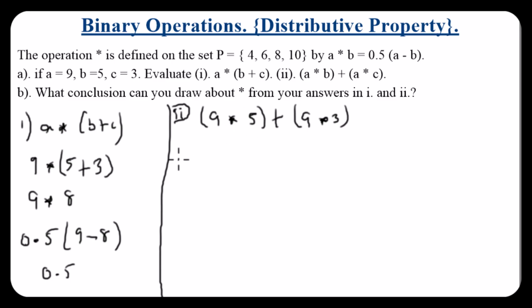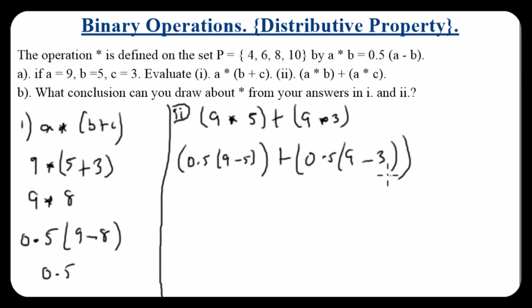Using this rule, I simply have 0.5, open the bracket again, so this becomes 9 minus 5, and close your brackets, then plus again 0.5 in the bracket of 9 minus 3, and close the brackets.